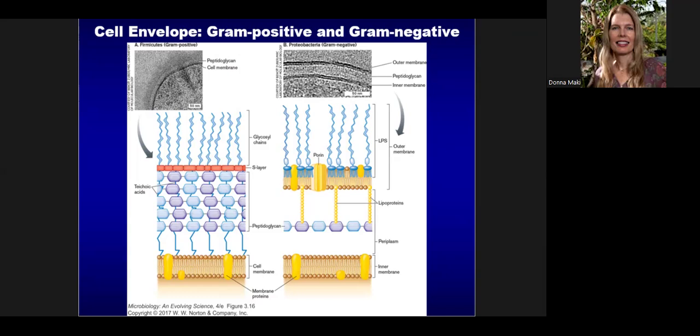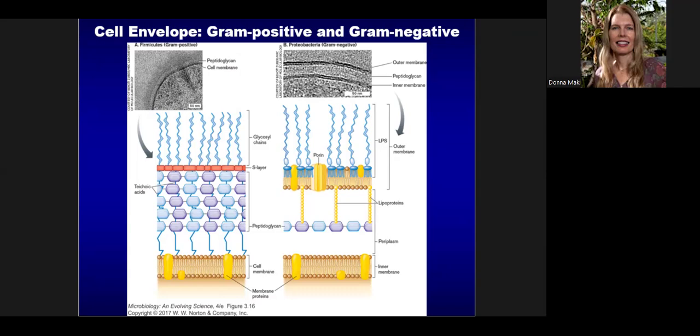Here they actually have electron microscope pictures showing the difference. Those are nice pictures. And then you see here, if you compare the left versus the right, you can see quite a bit of difference. And so the purple and blue here, we're getting into the peptidoglycan.